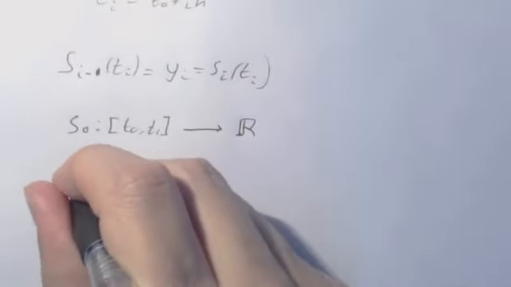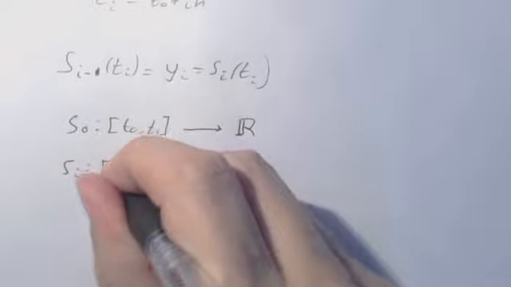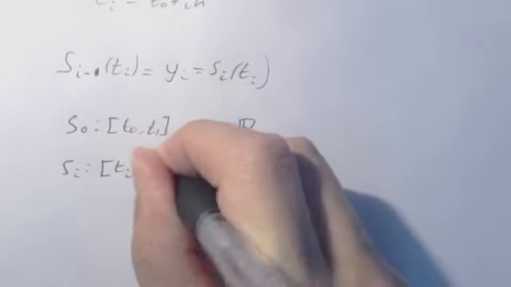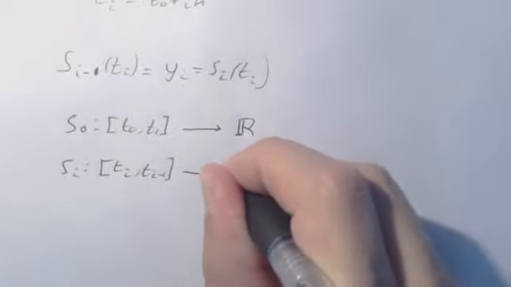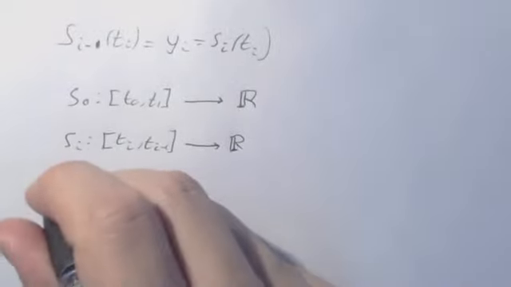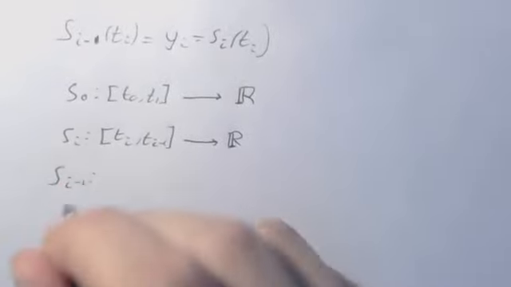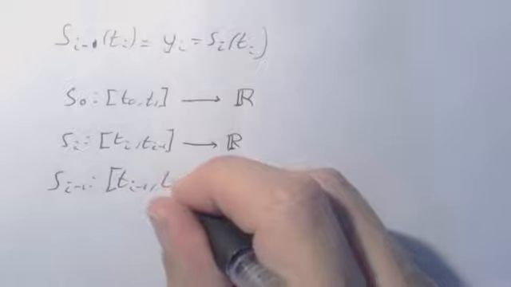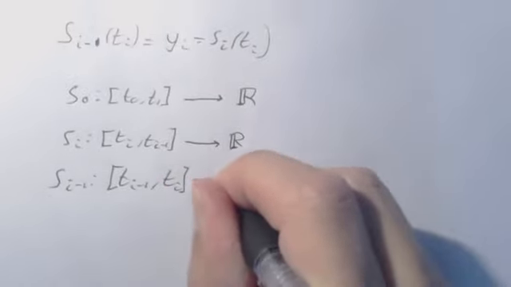So that means that Si is going to be from [ti, ti+1] to the real numbers. And S(i-1) is going to be from the interval ti-1 to ti.